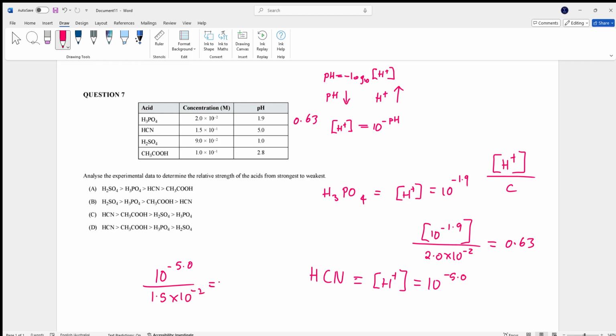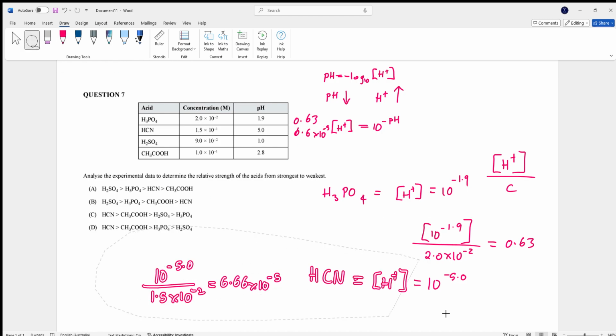So chucking that into the calculator. The calculator is going to be the most annoying bit in this video. 1.5 times 10 to the negative 1. So this gives 6.6 times 10 to the negative 5. So we'll just chuck that up there. 6.6 times 10 to the negative 5. If they're very close, we'll compare multiple decimals.